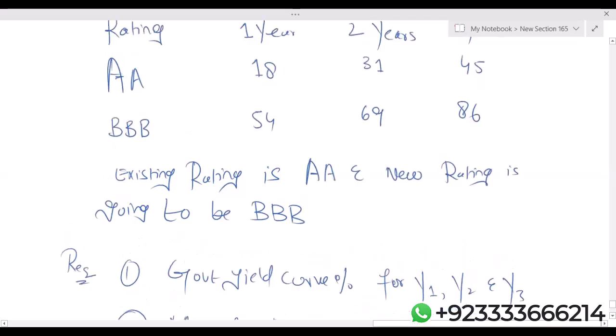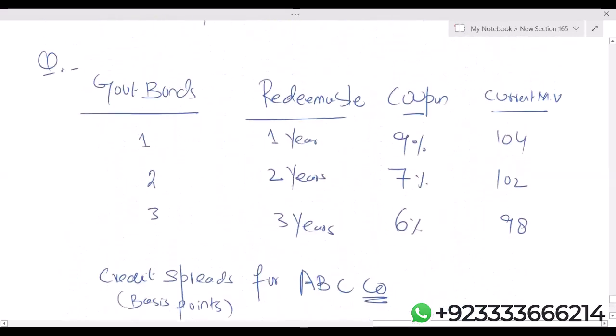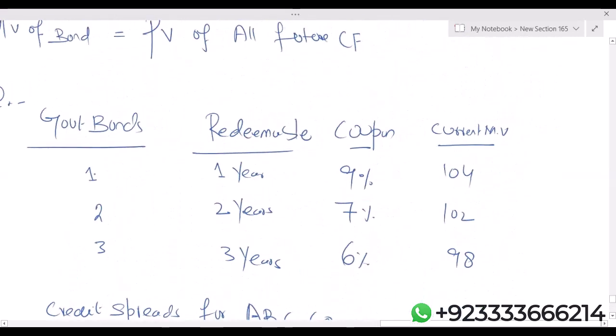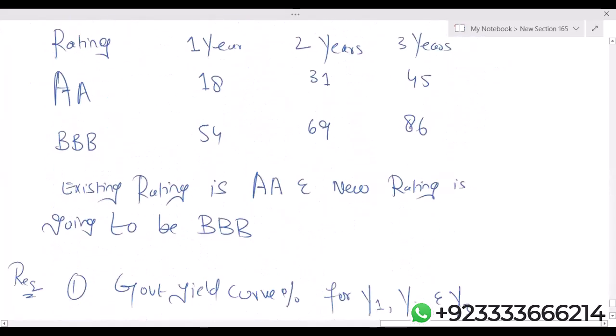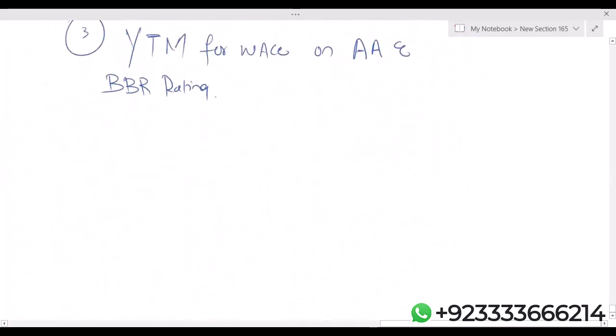Let's come here. The data given to us will help us. Bond 1 has a coupon rate of 9% and a market value of 104. Bond 1 has a maturity period of only 1 year. Students, please focus carefully.